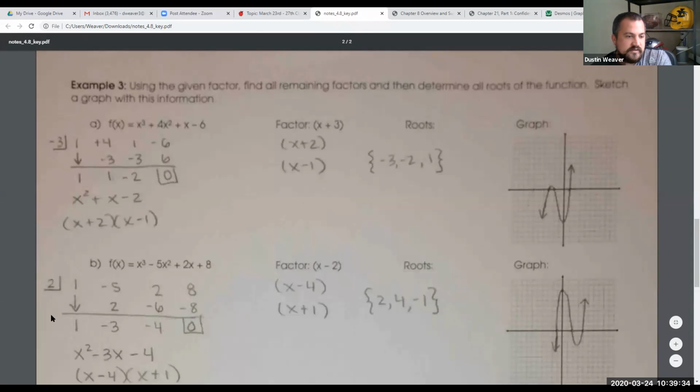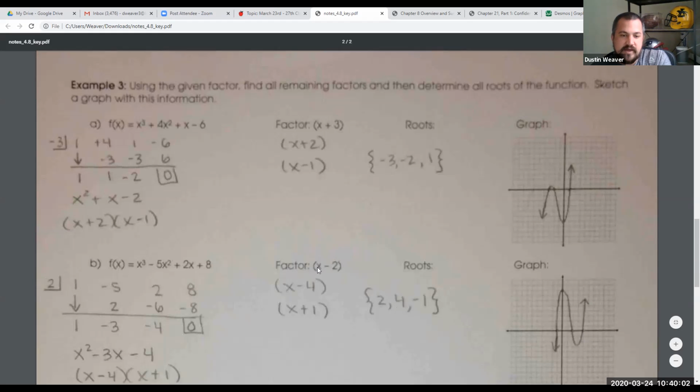I started with x to the third, so that means I've got x squared, -3x, because I'm going down a power each time, and -4. Basically, I'm factoring what two numbers multiply to give me -4 and add to give me -3. That's -4 and +1. So that's how I get the x minus 4 and x plus 1 in there as my factors. I could also have graphed this, found the roots, and then worked backwards.